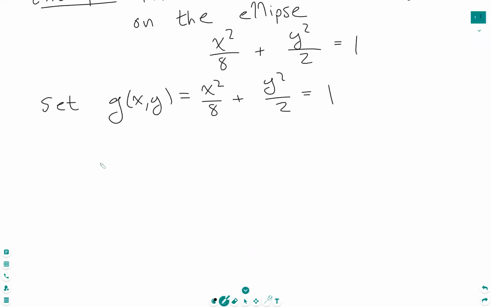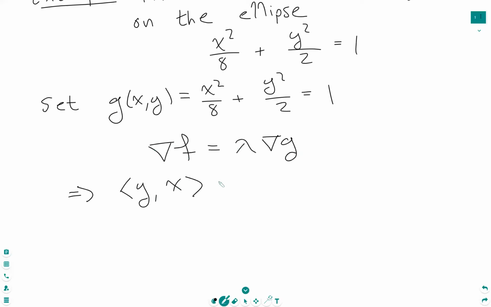Okay, step A. We're going to take the gradient of f and set it equal to lambda times the gradient of g. So I go ahead and look at my gradient of f. This is just going to be y, x, and then I have equal to lambda, and then the gradient of g. I take an x derivative, I get x over 4, and then I take a y derivative, I just get y.